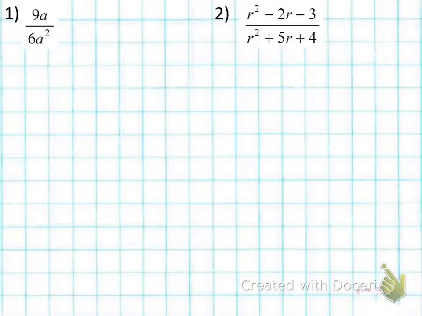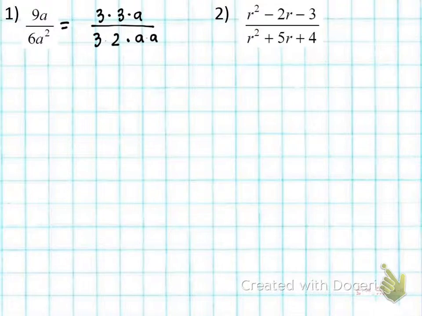Number 1, we've got 9a over 6a squared. In both the numerator and denominator, I can recognize a common factor of 3, and the a's I can simplify too. 9a is just 3 times a, and the denominator has a common factor of 3, which is 3 times 2 times a.